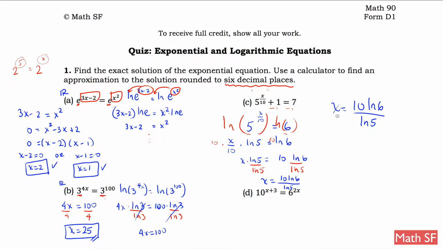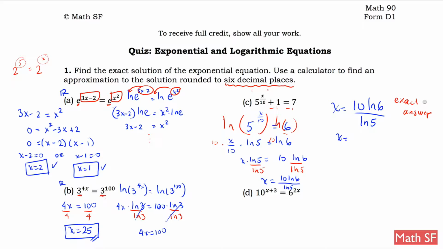We probably wouldn't have forgotten to do that sometimes, but remember that we must use a calculator for that one. So x equals, now this is my exact answer, so I'm going to write here this is the exact answer. But the approximate answer should be, let me pull out my calculator.